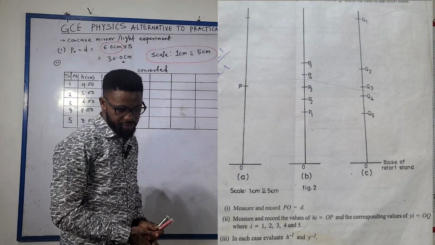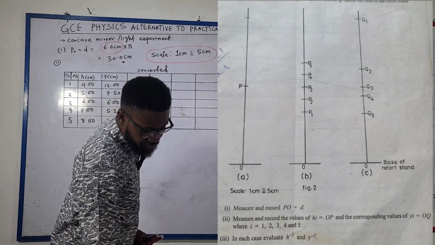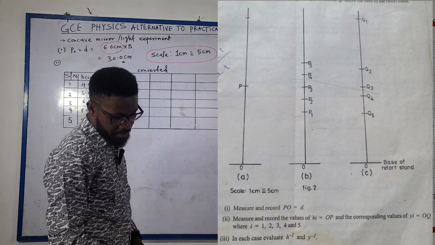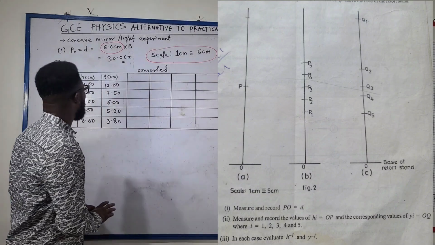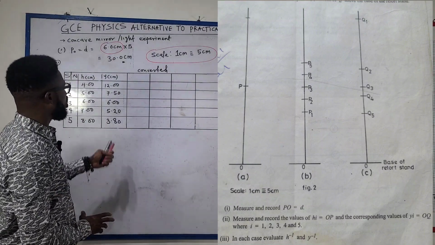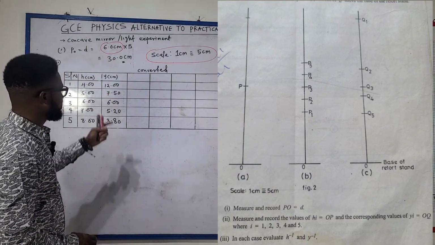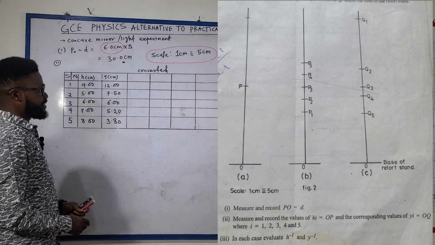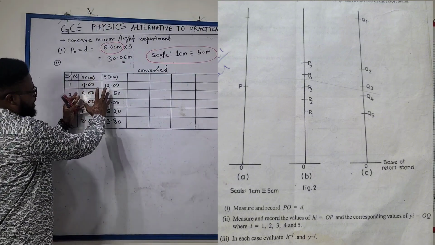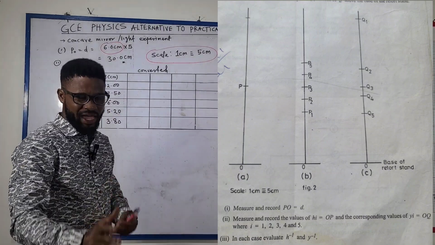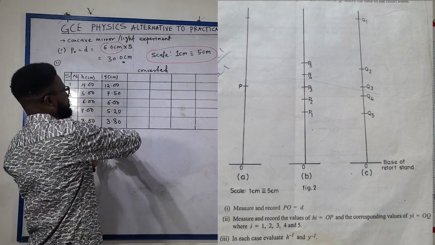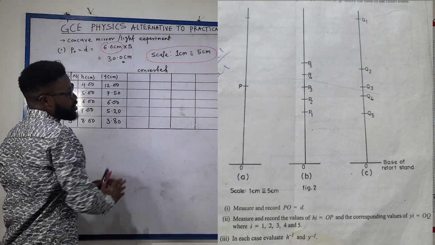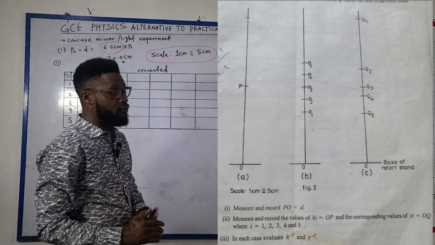And when I took my measurement for Y, starting from my 0 mark, what I have for Y1 is 12, Y2 is 7.5, 6, 5.20, and 3.80. Now, I want to convert these figures which I got on paper using the scale. I want the converted form of those figures.